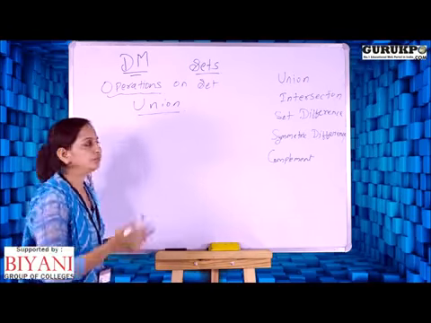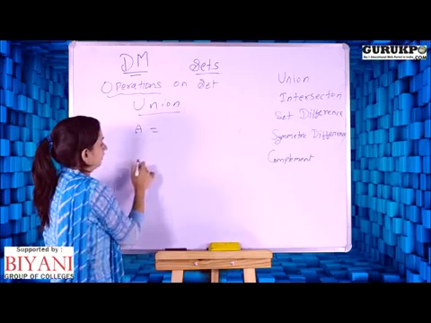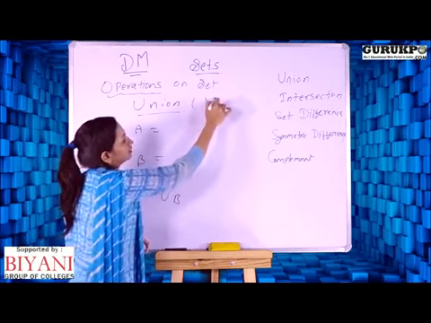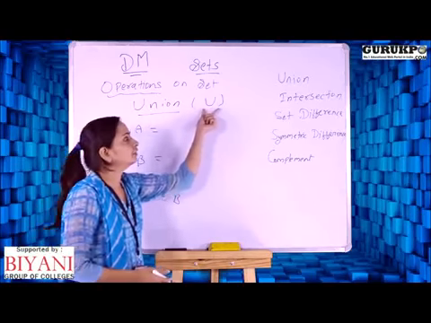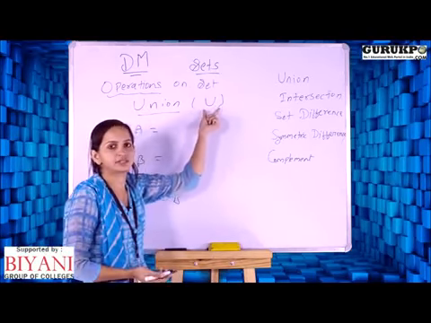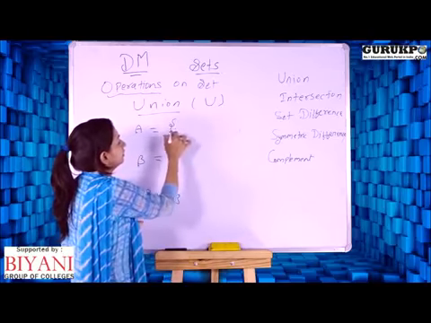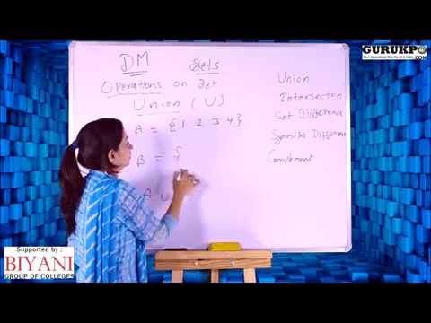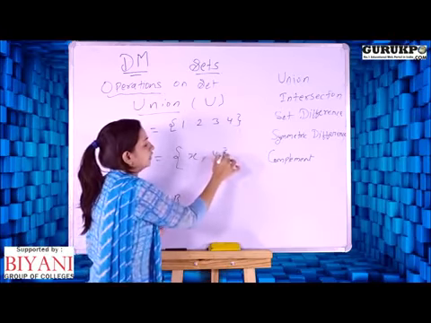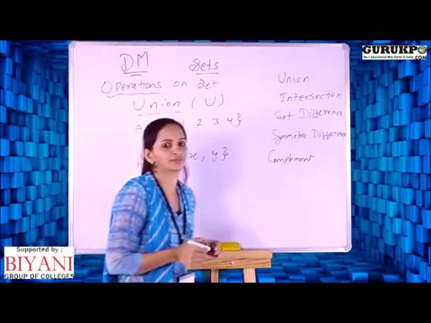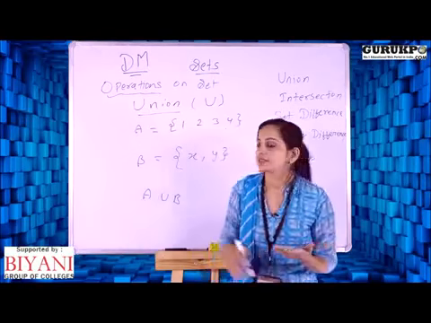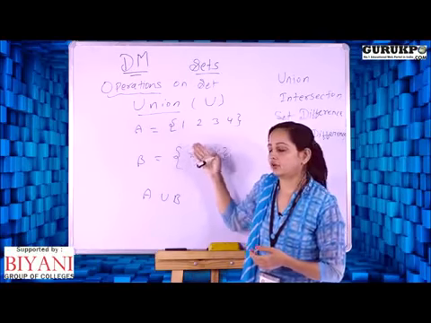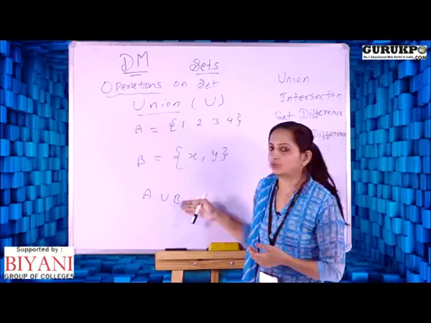For union, we have two sets, set A and set B, and we have to take the union of these two sets. The symbol of union is simply the English character U. For example, if set A has elements 1, 2, 3, 4 and set B has the two elements X and Y, what is the union of the sets? The union is a combination of these two sets, that means all the elements of set A and all the elements of set B are in the union set.